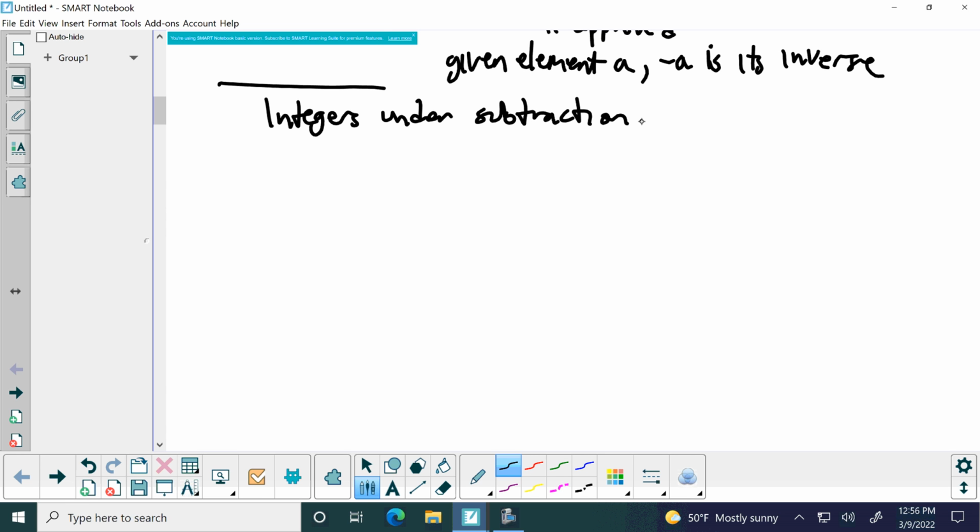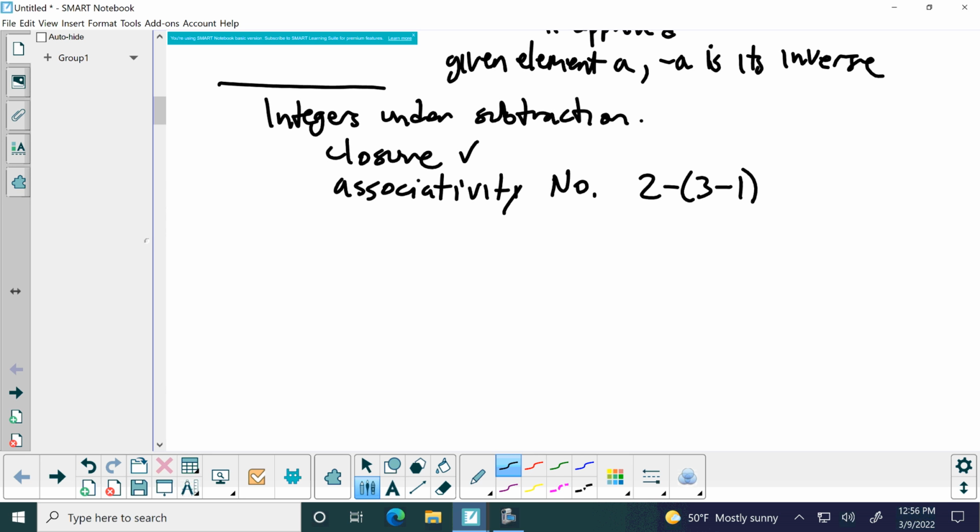So we have closure, yes, but when we got to associativity, no. Associativity is no because 2 minus 3 minus 1 is not equal to 2 minus 3 minus 1 grouped the other way. So that's not true, so associativity does not hold.